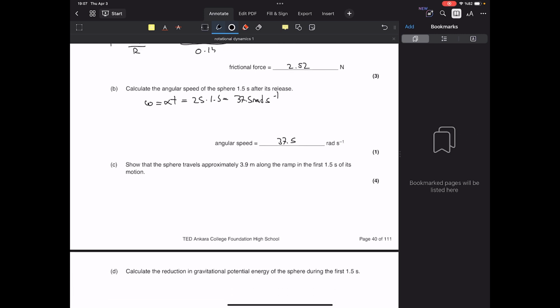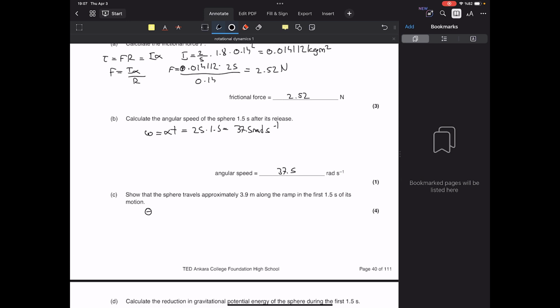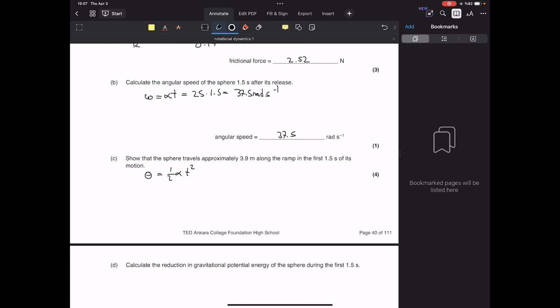Now we need to show that the sphere travels approximately 3.9 meters along the ramp in the first 1.5 seconds. So in the first 1.5 seconds, the amount of radians it rotates is going to be equal to 1/2 alpha t squared, because initially it's at rest.